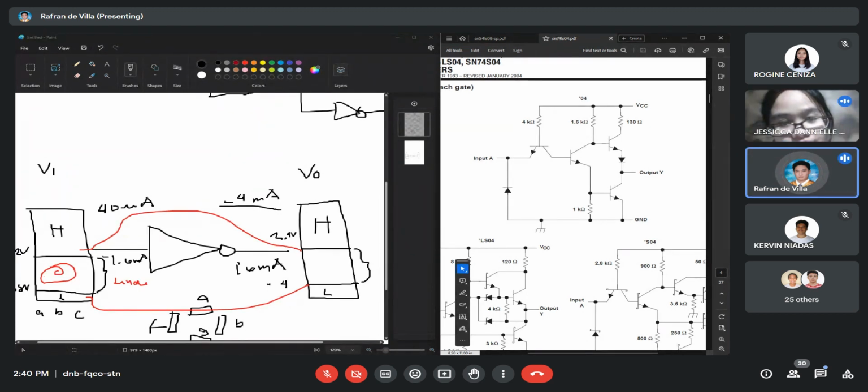You may also want to call a friend if ever gani wala ka'y idea. Unsa gyud ang question sir? Nganong mas dako ang current output low compared sa current output high?